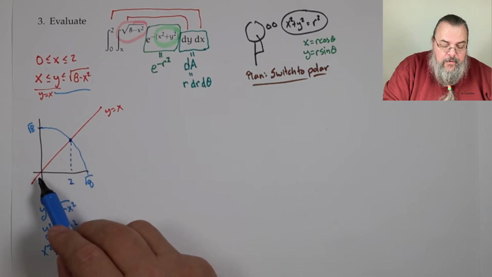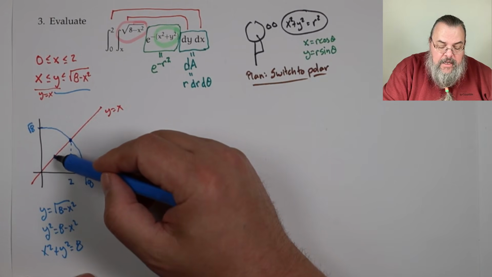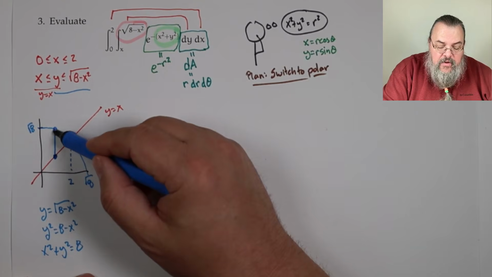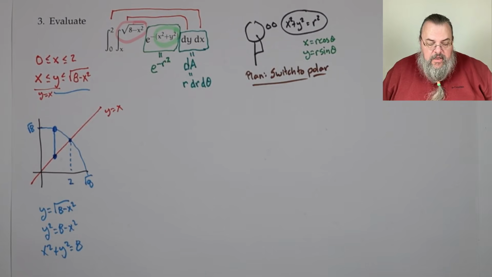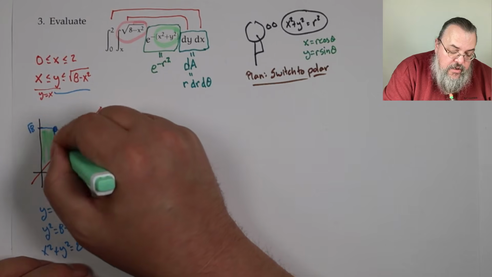So we'll go from 0 to 2 for x, and then for any x in between, we go from the bottom curve, which is x, to the top curve, which is the square root of 8 minus x squared. All right, well, which means if we add in some shading here, our region, it's a wedge of a circle.